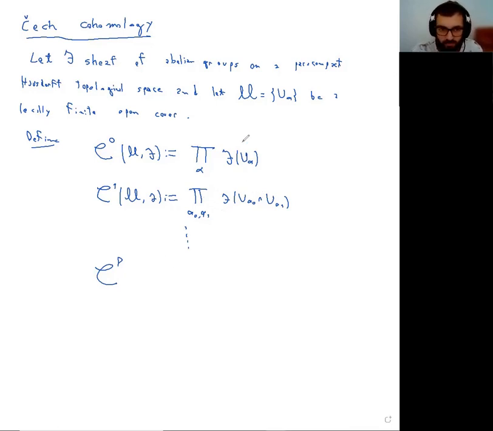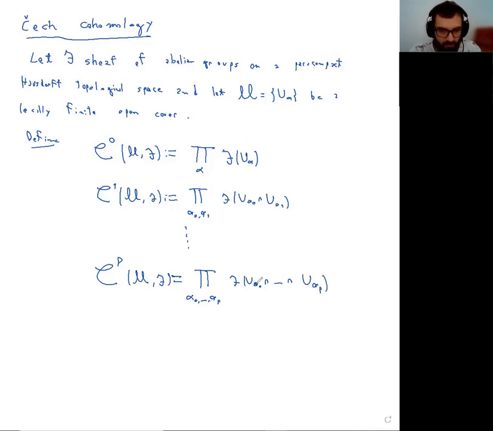So for instance, this also includes this one somehow. And in general, for index P, we take the intersection of P plus 1 objects, from alpha 0 to alpha P, F of U alpha 0 intersected through alpha P.